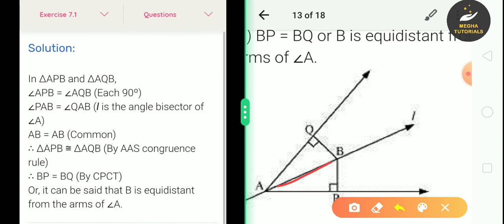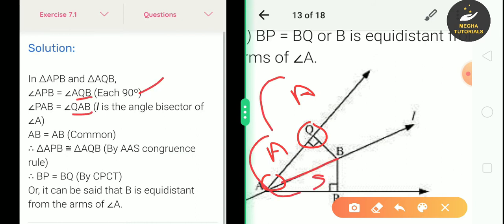Now select any one triangle. Consider triangle AQB: angle AQB, then angle QAB, and side AB. So angle, angle, side. Therefore triangles APB and AQB are congruent by the angle angle side congruency test.